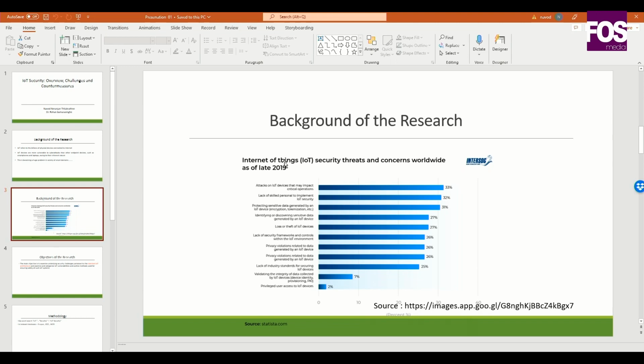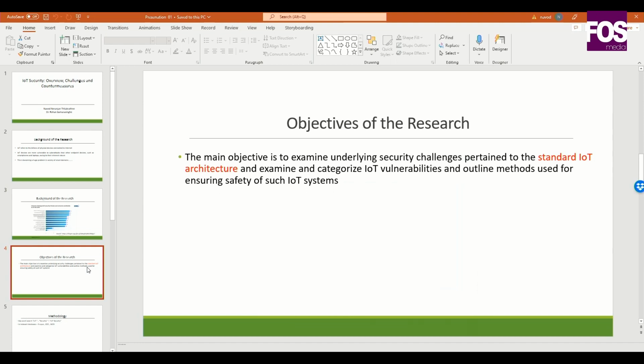That's the thing. So basically by doing this simple review, our main objective was to examine the underlying security challenges pertaining to the IoT architecture, examine the categorized IoT vulnerabilities, and outline methods for ensuring the safety of such IoT systems.